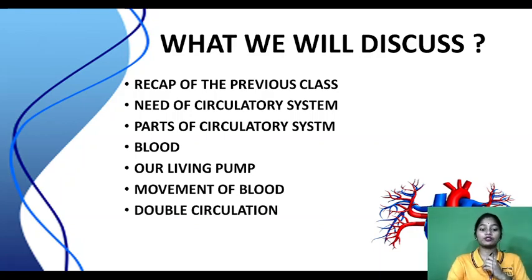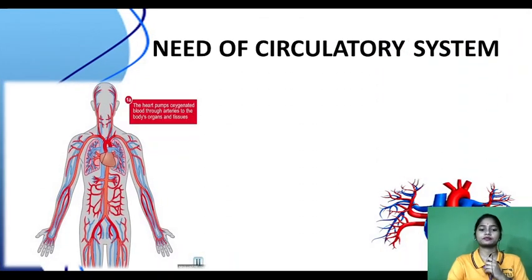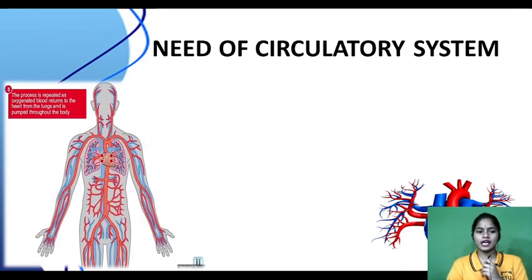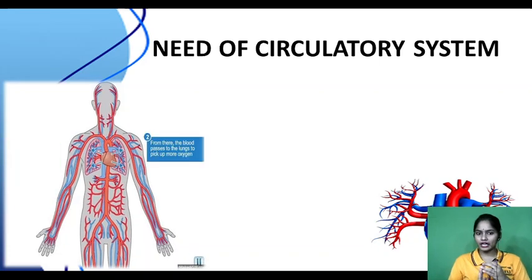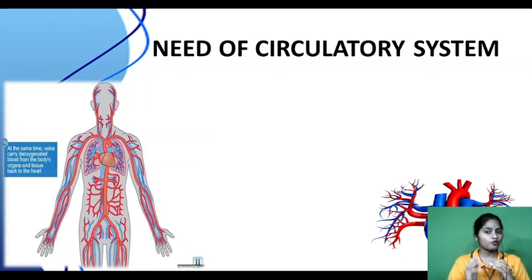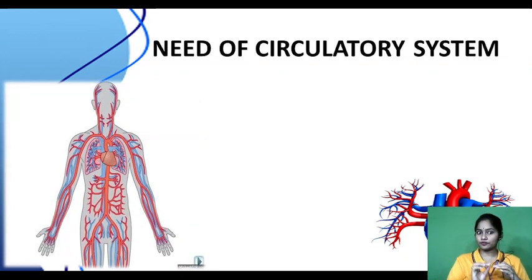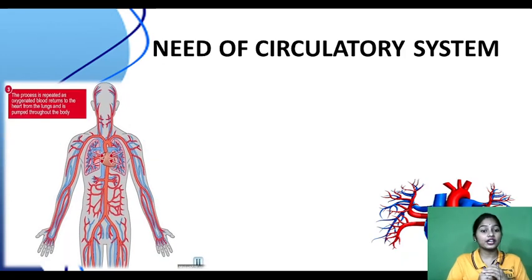Okay. Now double circulation. What is double circulation? Yeah. Now see, need of circulatory system. So what is the need of circulatory system? As I have told you, our body is made up of cells. So each and every cell needs energy. From where will it get energy? From food, of course. So each cell needs food. So the food should reach each and every cell.